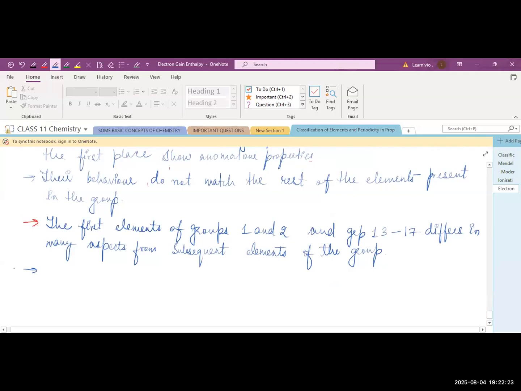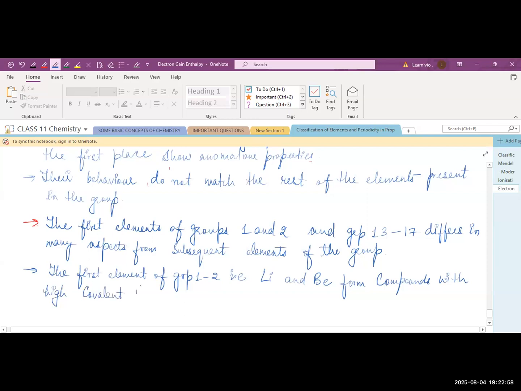Basically, the first element of group 1 and 2, what is the first element of group 1? So it's lithium, and for group 2, it's beryllium. So lithium and beryllium form compounds with high covalent character, right?